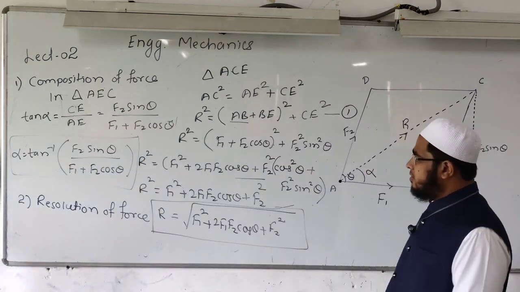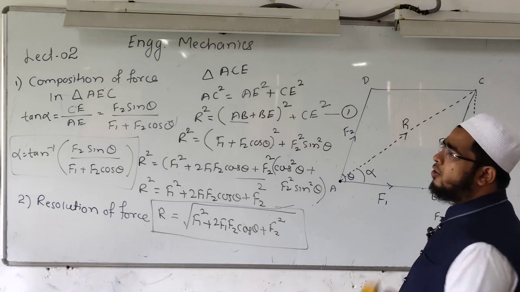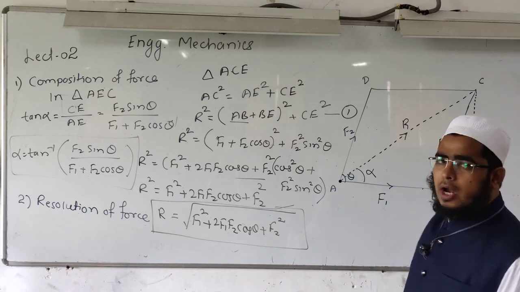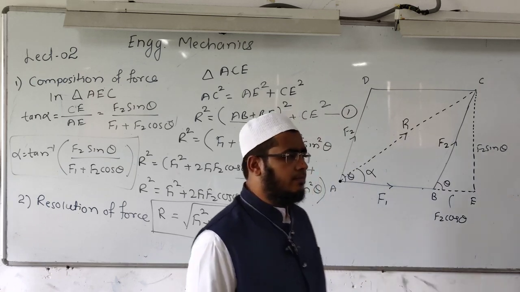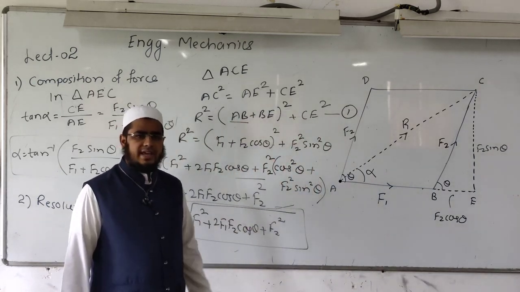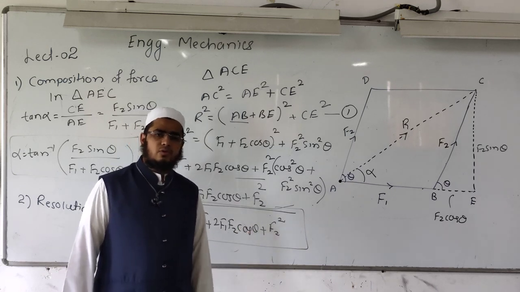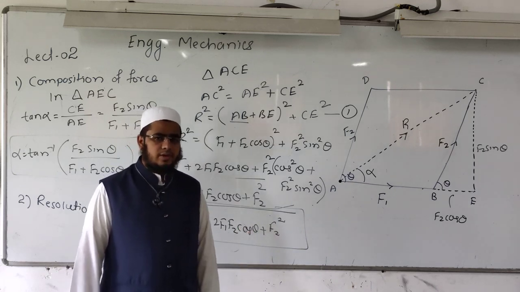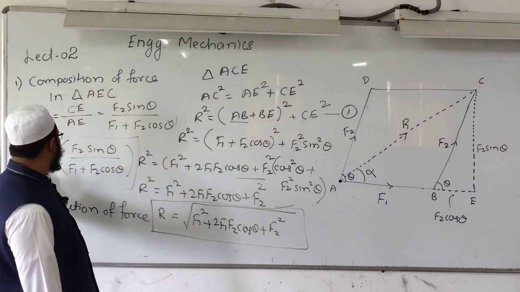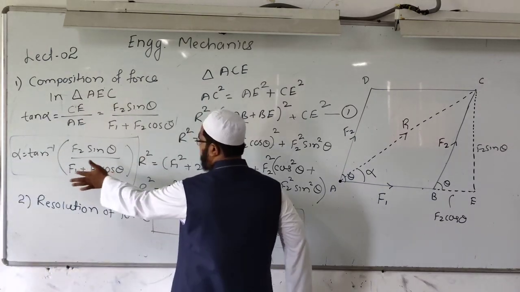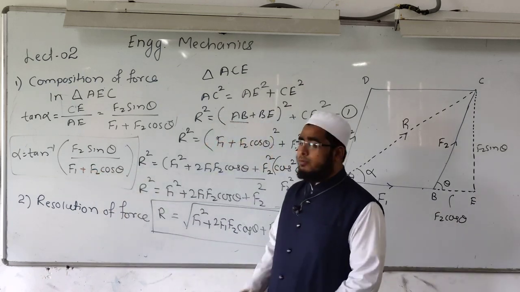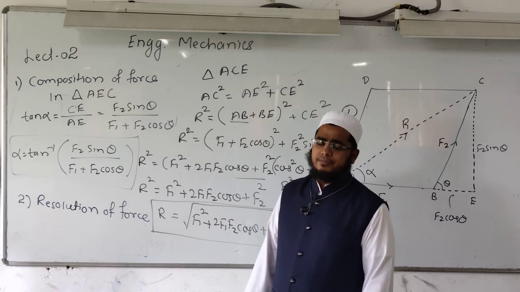When we have to find the resultant of two forces represented in magnitude and direction by two adjacent sides of the parallelogram, then the magnitude is given by R equals under root of F1 square plus twice F1 F2 cos theta plus F2 square, and direction alpha is given by tan inverse F2 sin theta divided by F1 plus F2 cos theta.